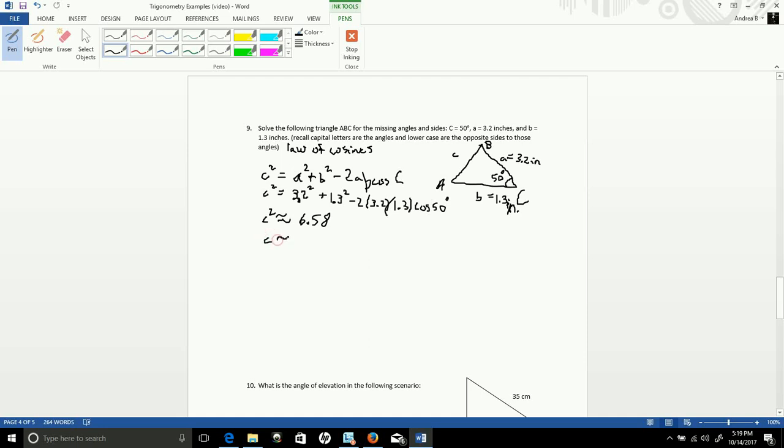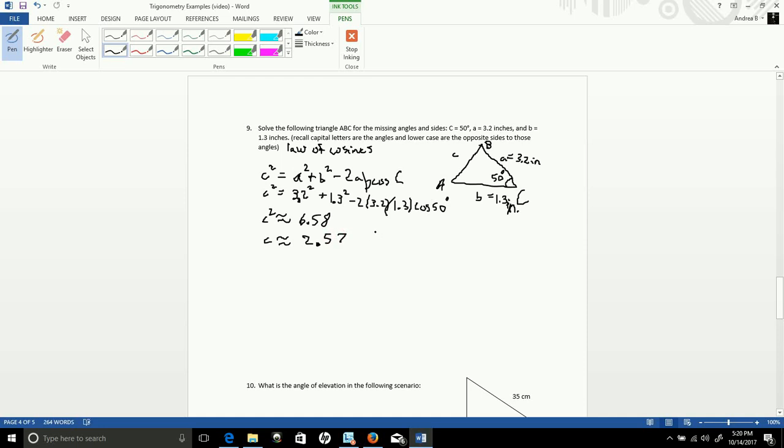So here then for your C, you then have to do the square root of that answer that we just got, the 6.58. So here if we do the square root of 6.58, we get about 2.57 approximately.